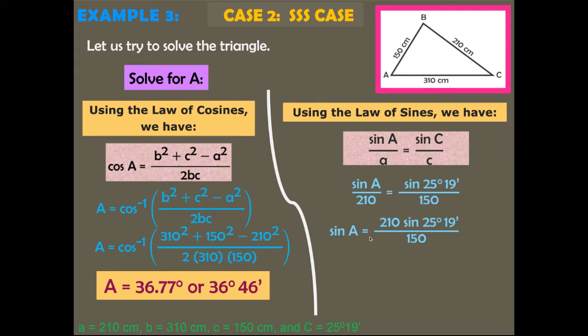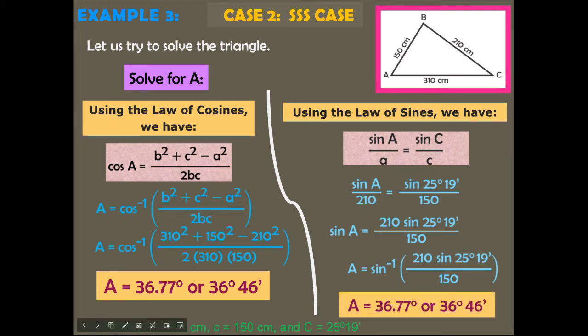We will get sine A equals 210 sine 25 degrees 19 minutes all over 150. So by using the inverse trigonometric function, we will have A equals sine inverse of 210 times sine 25 degrees 19 minutes all over 150.